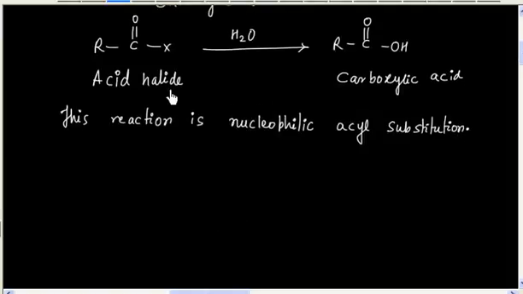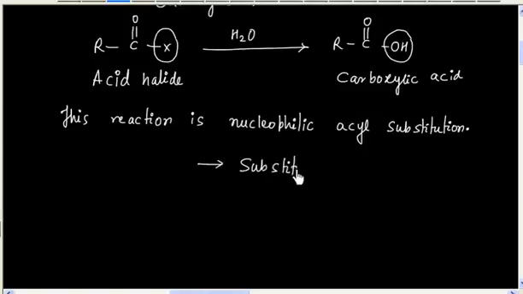Basically we have replaced this X, that is halogen, with an OH group. So this reaction is a substitution because halogen is substituted by OH group.